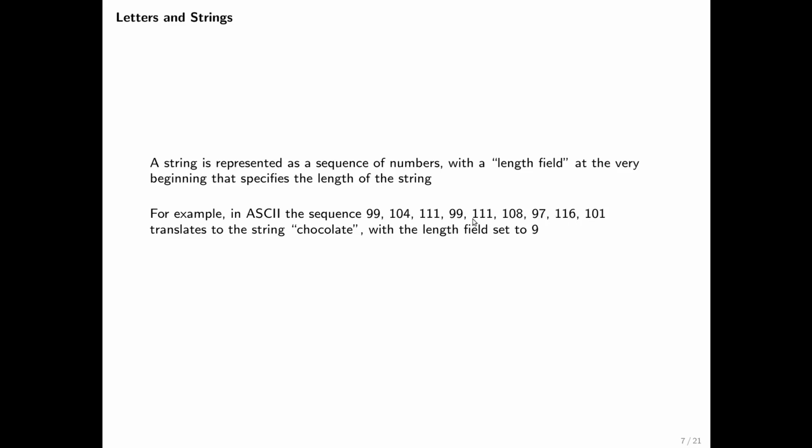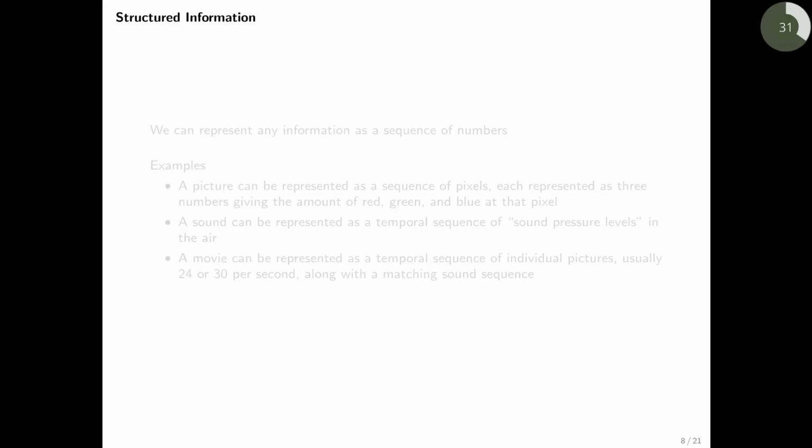And what are these numbers? Well, these numbers are basically the ASCII encoding for each of these characters. So in ASCII, C maps to 99, H maps to 104, and so on.